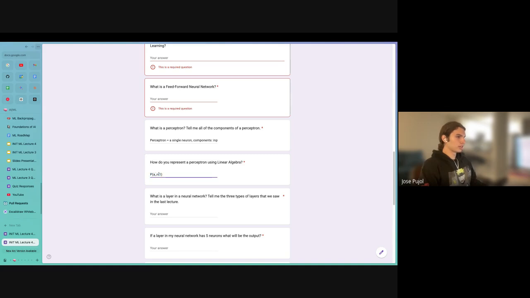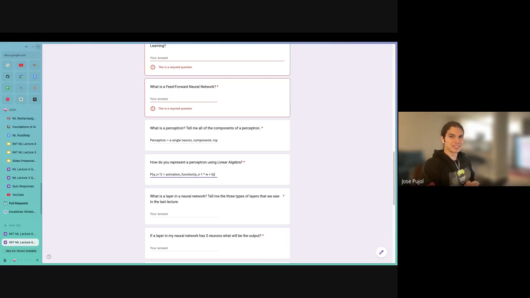A n minus 1 is the activation of the output of the previous layer. And then you could say this would be the activation function, applied to the dot product of A n minus 1 with our weights, and then add our bias.